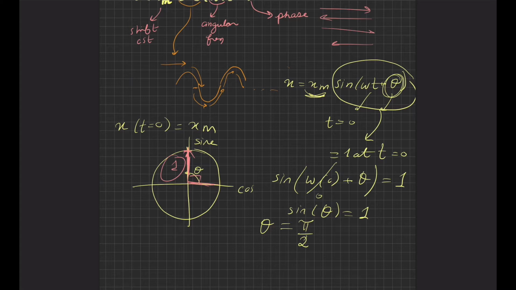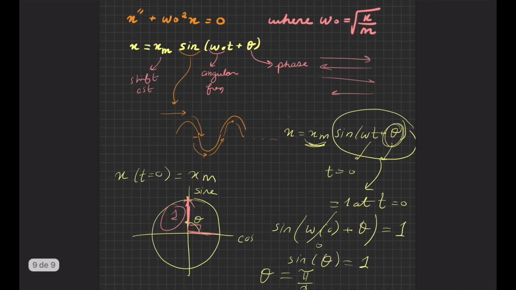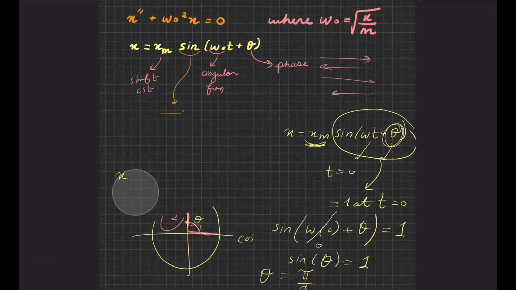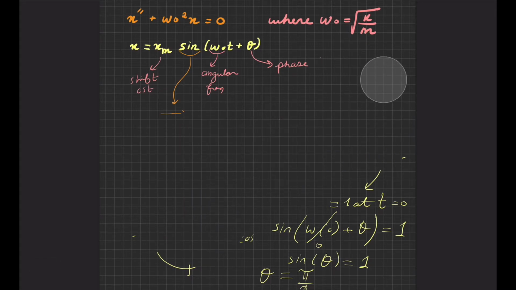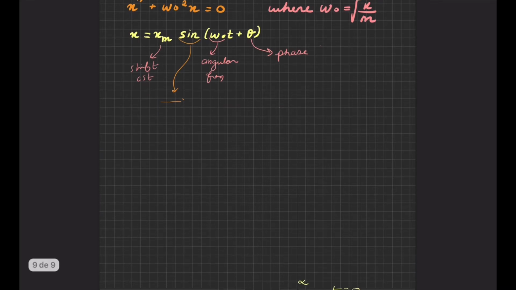So theta equals pi over 2. That's the phase, okay? The phase, you can deduce it from the initial conditions, from the conditions of t equals 0. Let me now erase what we wrote here, so we'll have a more organized page.